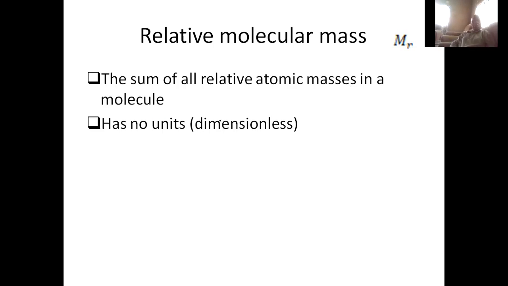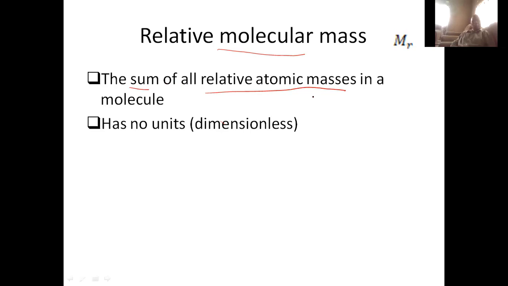It is molecular because it is a molecule, so there should be more than one element. So relative molecular mass is the addition of all the relative atomic masses in a molecule.